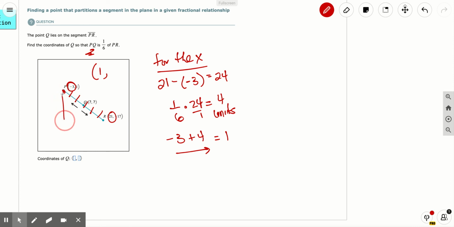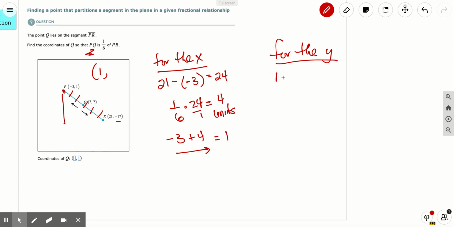The total distance in the y is, we went from, let's see, you guys, I have to actually erase this because I need to be able to see the actual numbers. Okay, here we go. We went from 1 to -17. We need to find the distance between 1 and -17.